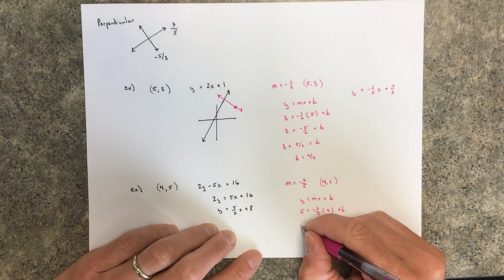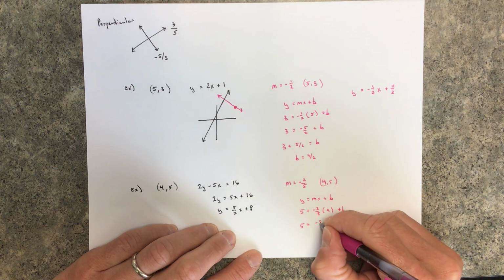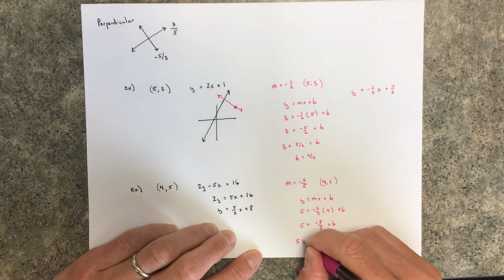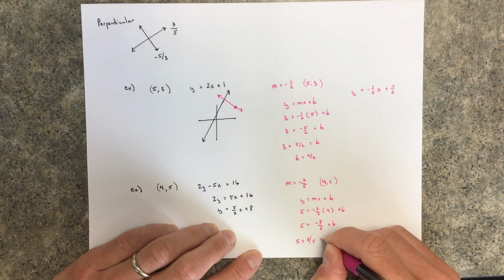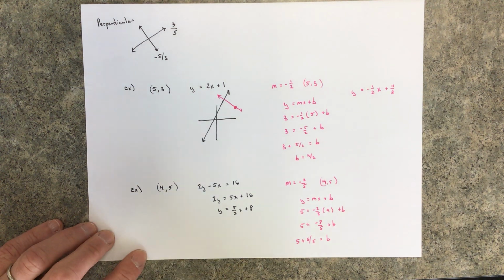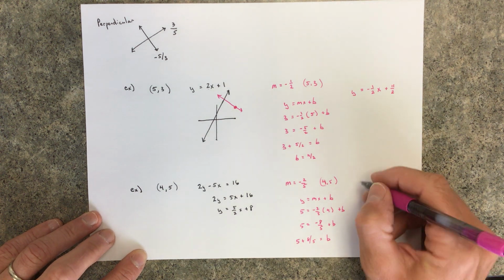Okay, so we got that. So this is 5 equals negative 8/5 plus b. 5 plus 8/5 equals b. Again, 5 is the same thing as 25/5. 25/5 plus 8/5 is 33/5.